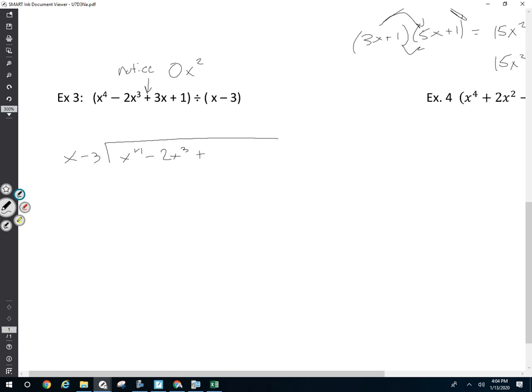I will write there are no x squareds. There are 3 x's and there's a 1. Okay? Everybody, make sure you write, notice there's 0x squareds, and then make sure you include a 0x squared. It must be done.